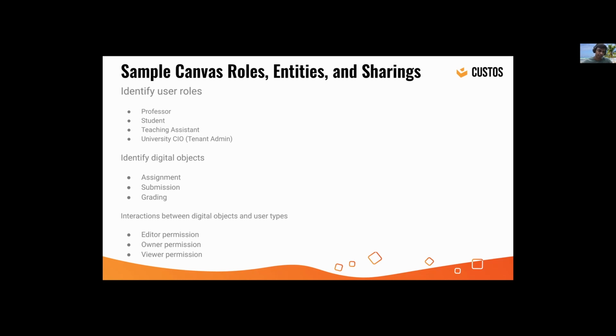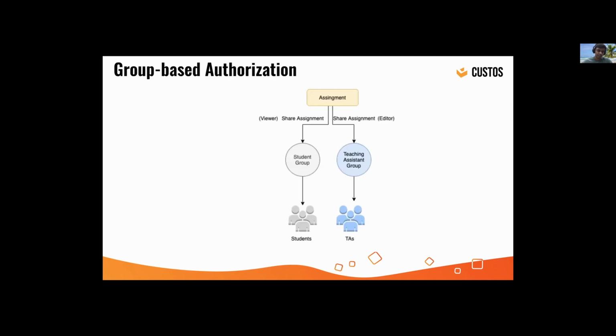But since we need more fine-grained authorization, we came up with group-based authorization. In this case, we created two groups, and we assigned the students and TAs to these groups, and then we shared this assignment with the student group and the TA group. For the student group, we shared this assignment under viewer permission, and for the TAs under editor permission.